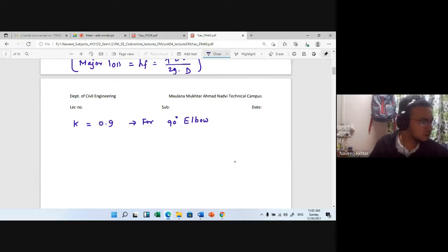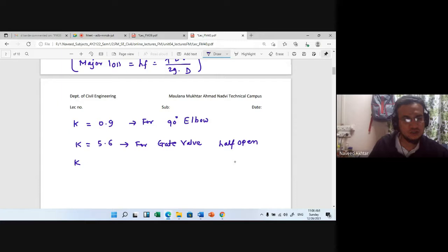K is equal to 5.6 for a gate valve, gate valve we are using in the pipeline, gate valve half open. Value of K is equal to 0.2 for gate valve fully open.